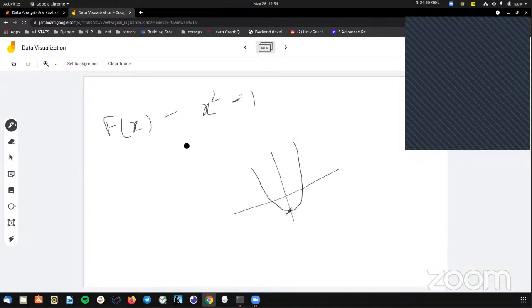So how many variables can you see here? If it is y, how many input variables can you see? Can anyone tell me from a mathematical background? One, exactly. This is the only x.